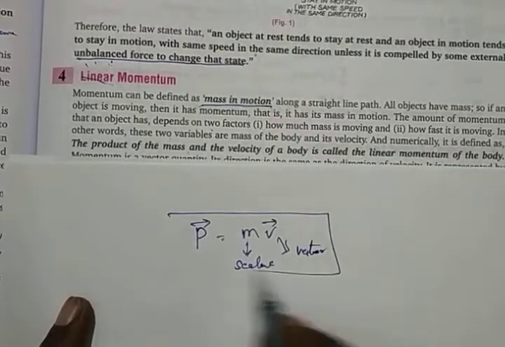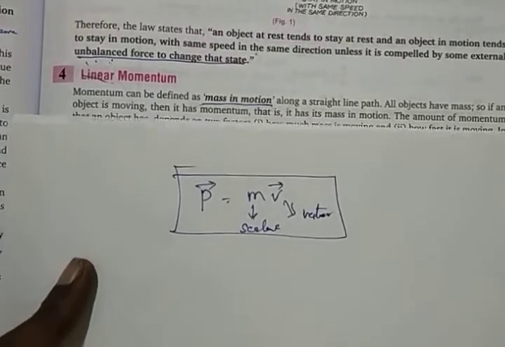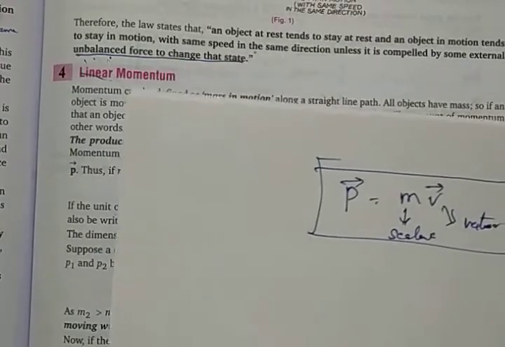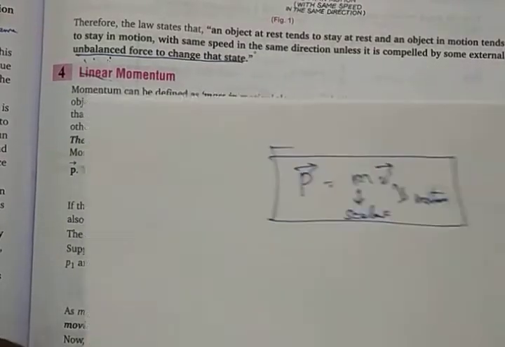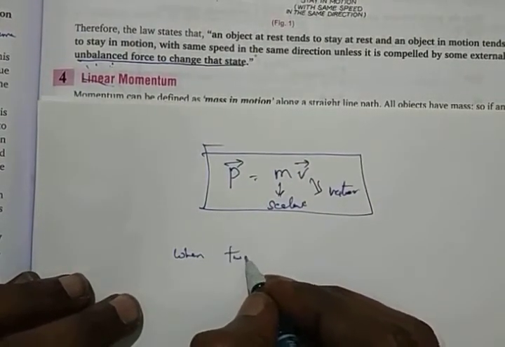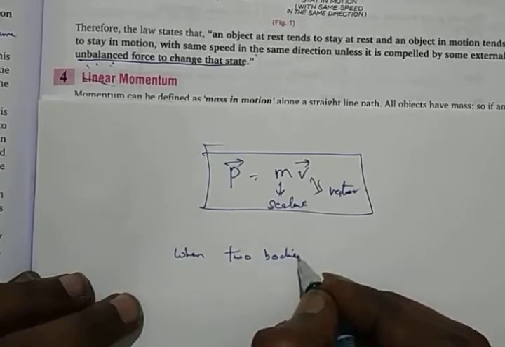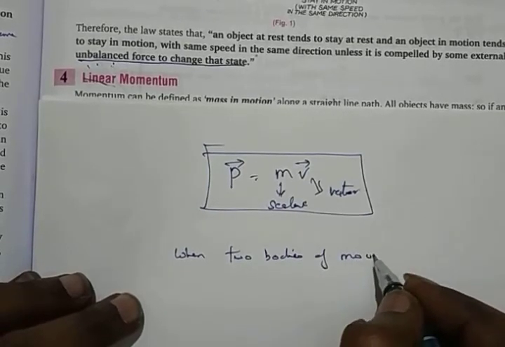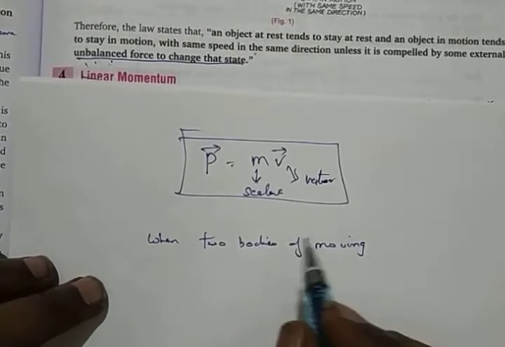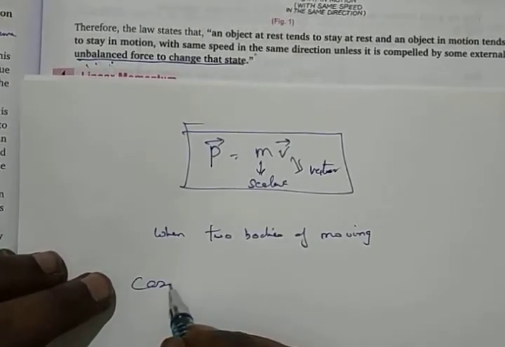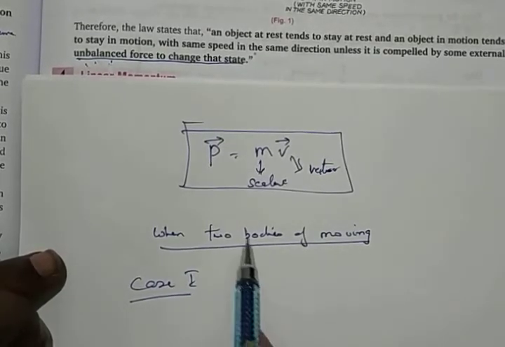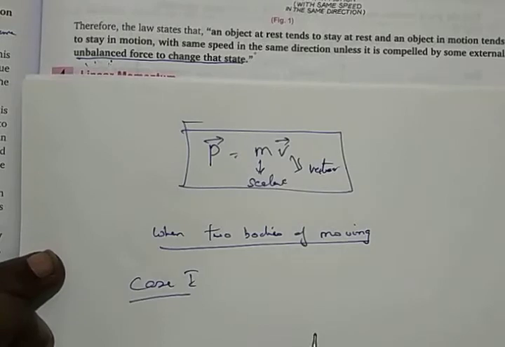So there are three possibilities here. Always we are going to see three cases, and in all three cases two bodies are moving. Remember, two bodies will be there to move.